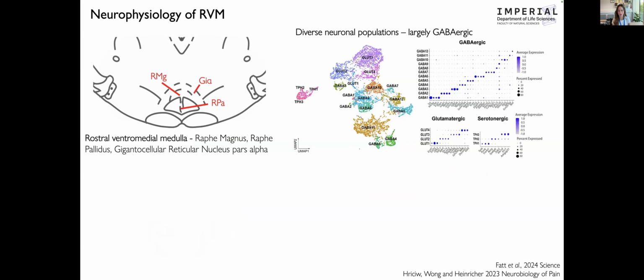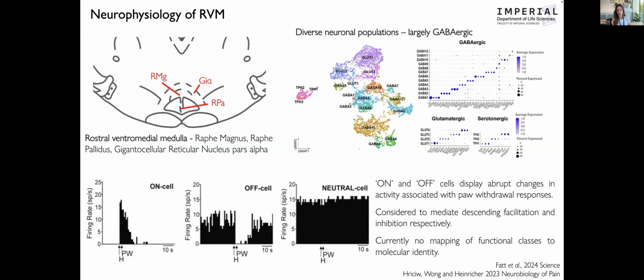I'm sure Patrik will speak more to this, but their clustering revealed distinct glutamatergic, serotonergic and GABAergic neuron types. And of course, Frank has outlined perfectly well these on and off cells that impact the activity of these processes.